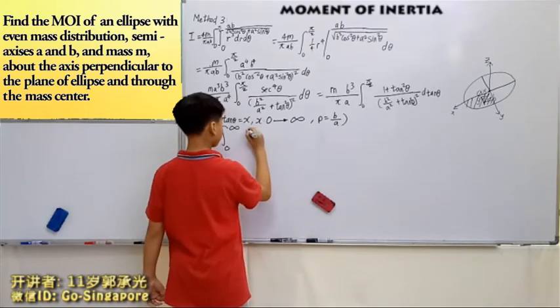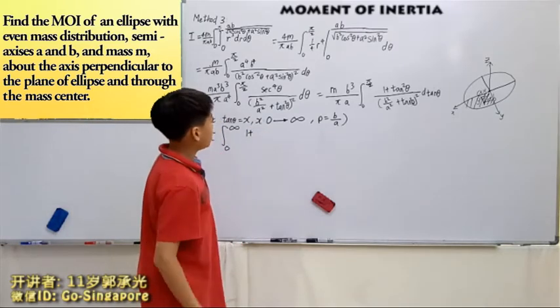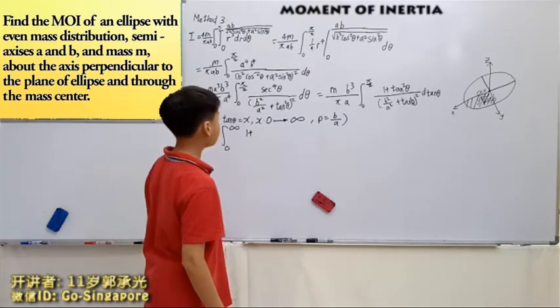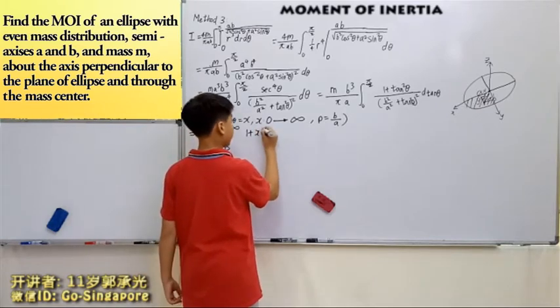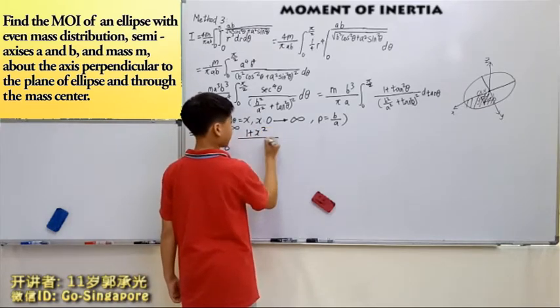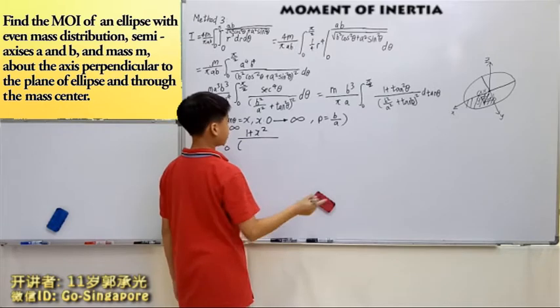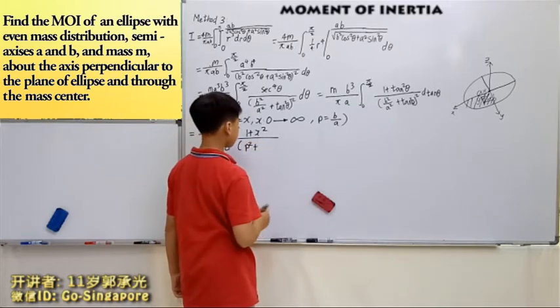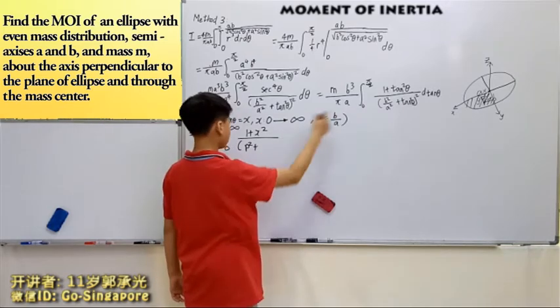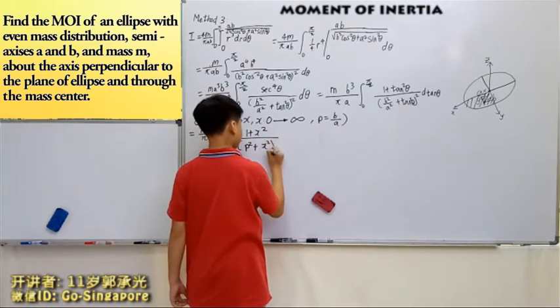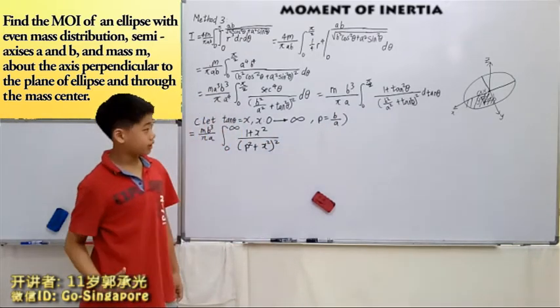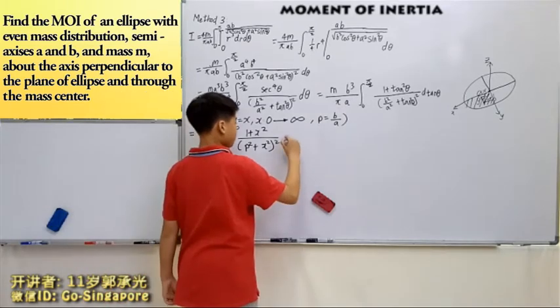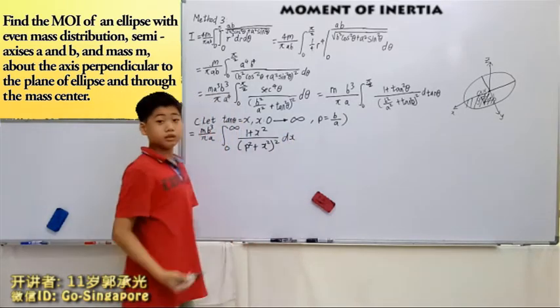Okay. So here we have a 1 plus x squared. Then I have to over, so this bracket, change that to a p squared. Then we have to plus x squared, then square again. This part, dx.